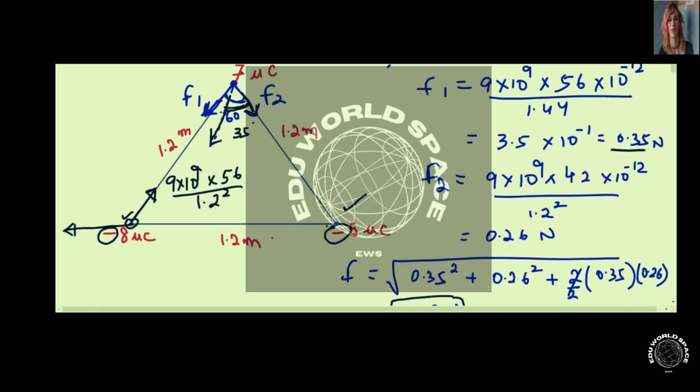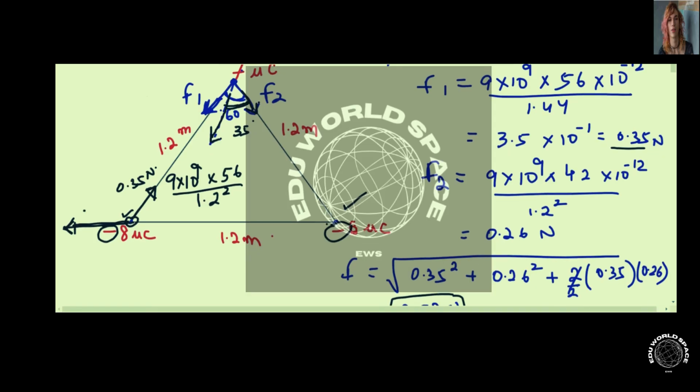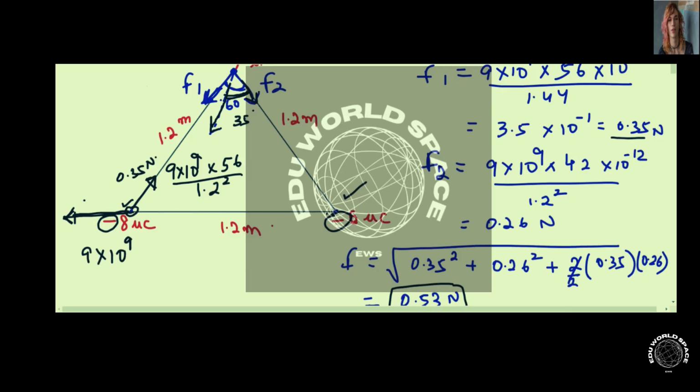So it will be 0.35 Newton in this, and this force will be 9 into 10 to power 9 into 8 times 6 into 10 to power minus 12 by 1.44. So if we simplify this, we're gonna get 9 times 48 over 1.44. That is 0.3 newtons.